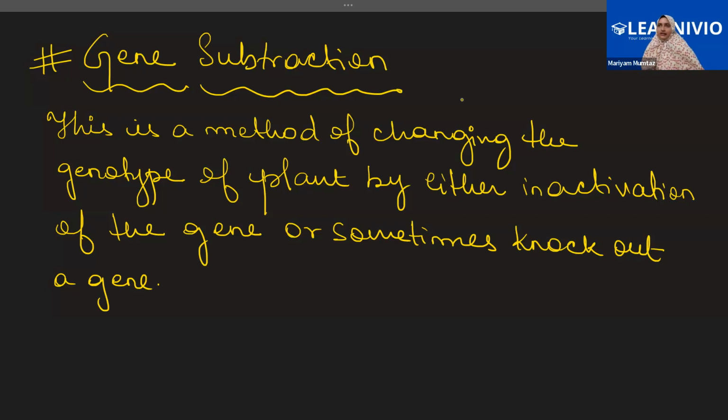Another question that I asked was, will a change in the genotype affect the phenotype of the organism? If it's a recessive one, then no. If it's a dominant one, then yes, meaning it is going to affect the phenotype. It will create certain changes in the phenotype of the plant also. In the same way, gene subtraction is when we are actually interfering with the genotype of the plant.